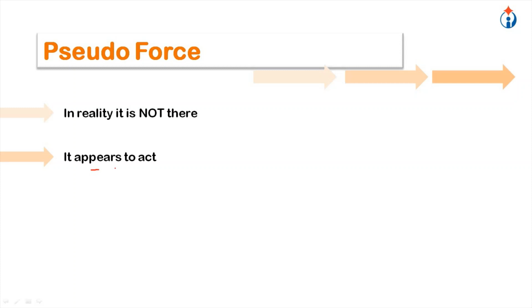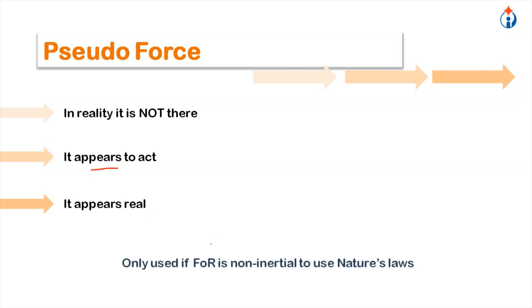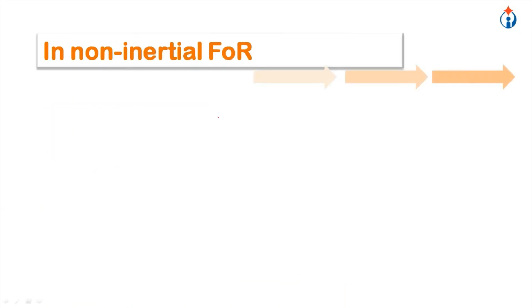But it appears to act. It looks like this is acting, but it is not there. It appears real. It is a concept which is used to apply nature's law in non-inertial frames to explain that apparent force which is not there.